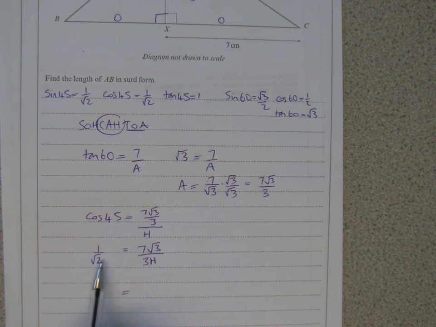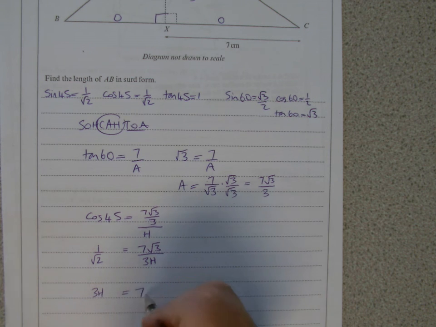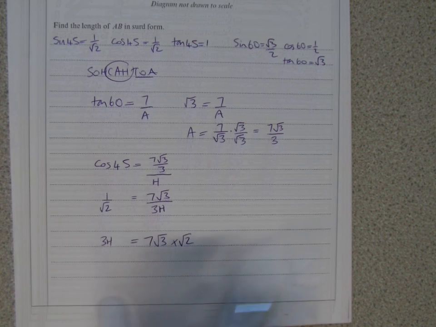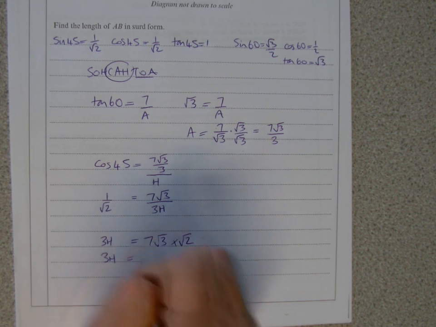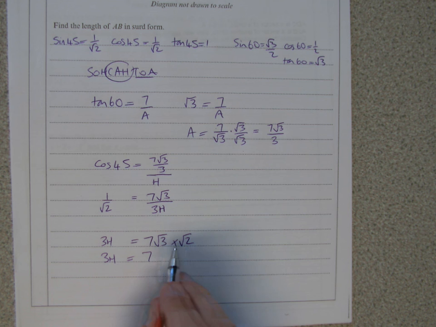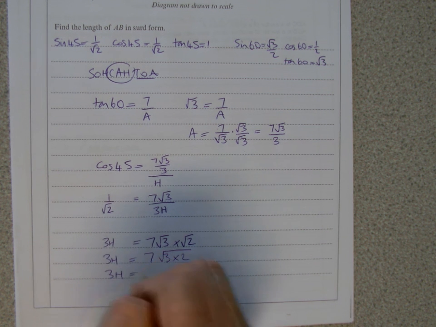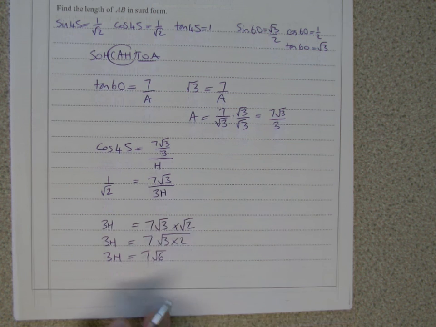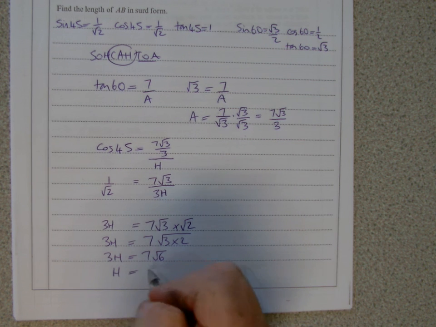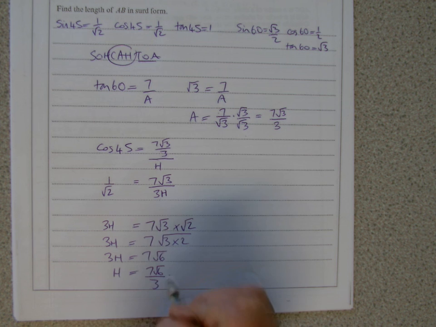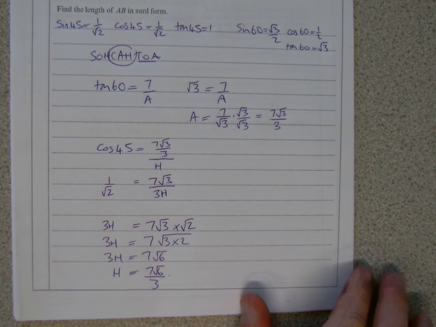But the other thing I can do as well, this root 2 on the bottom here, because I'm dividing by root 2, I can take it over to the side, and times by root 2. And then, of course, when you've got that, you've got roots times together, you can just put them under one square root. So that would be 3h equals 7 root 6. And then to get h, finish off, of course we need to divide by that 3. And we've got our answer to quite a challenging question there.